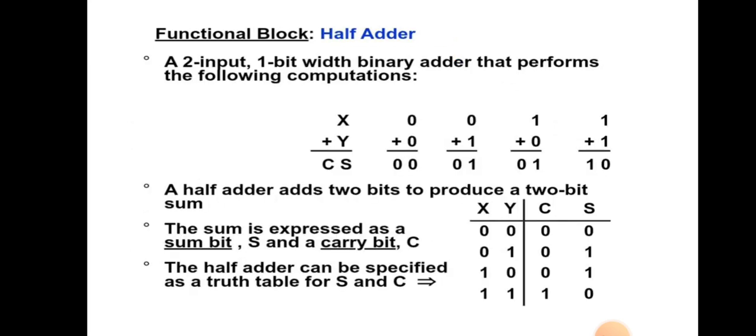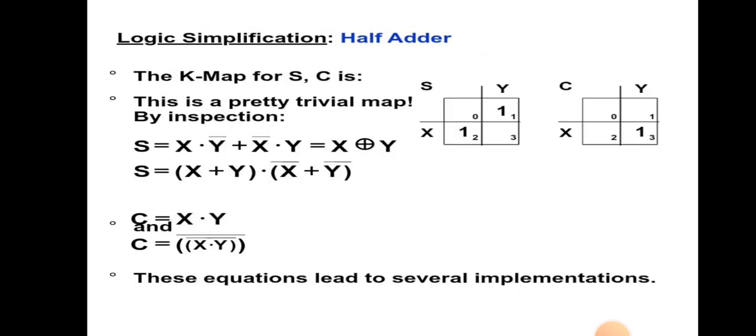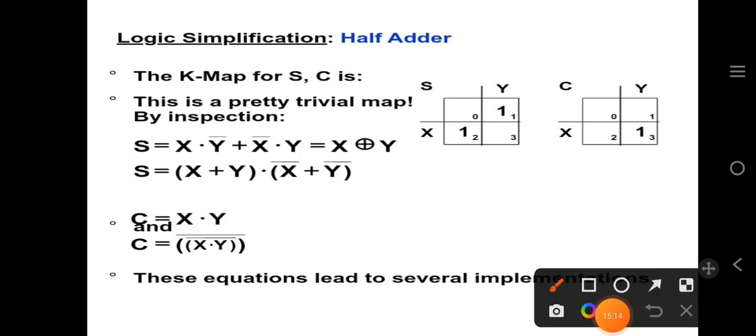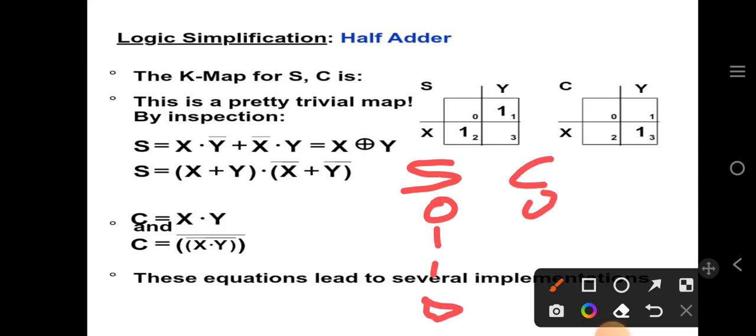The sum is 0 1 1 0 and carry is 0 0 0 1. So this sum is denoted here in the K map and carry is denoted here in this K map.